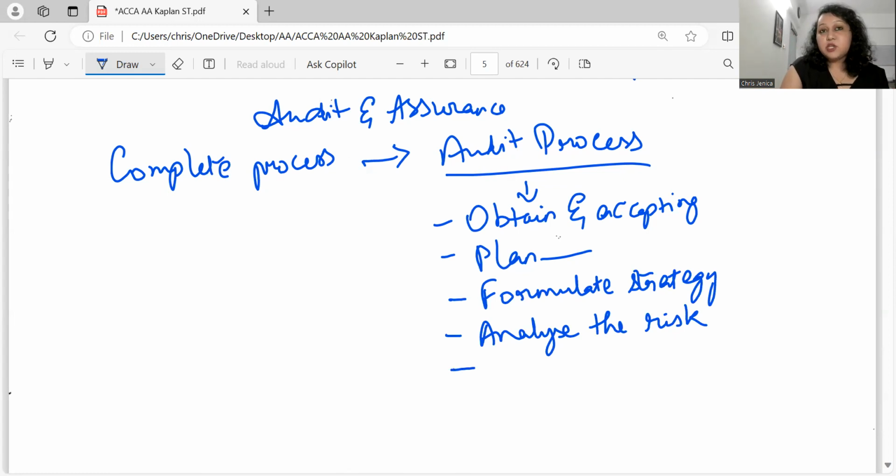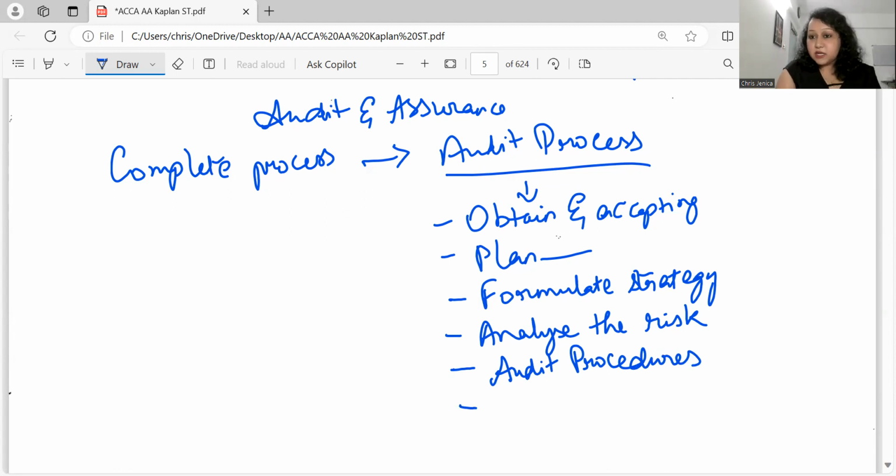And then you'll be doing the audit procedures. Finally, you'll be documenting it and you will collect the evidence. Just because I've carried out the audit procedures doesn't mean I can come out with an opinion about what I have audited. So I have to collect audit evidence before concluding my opinion.